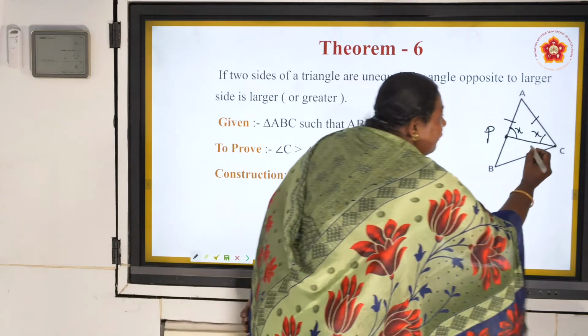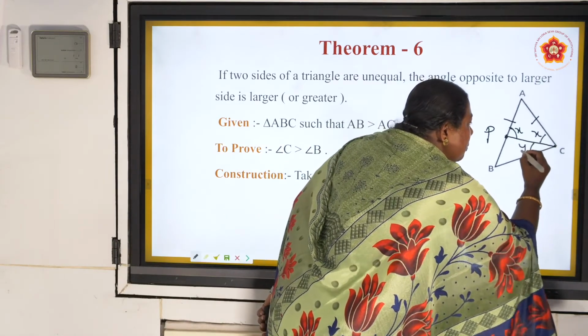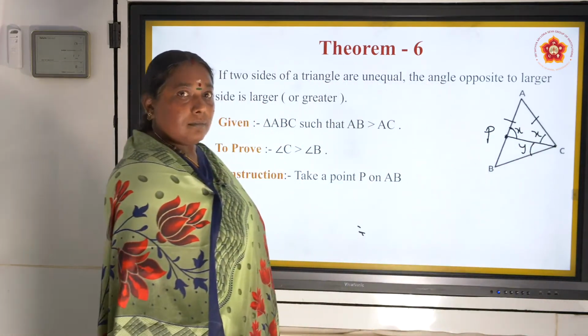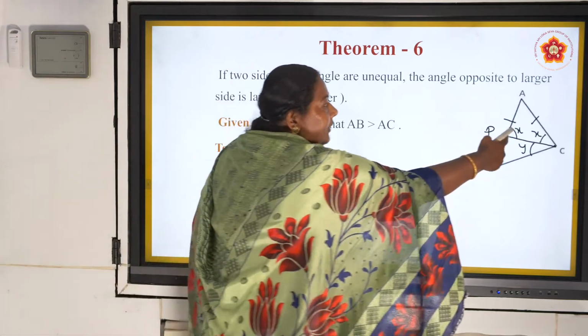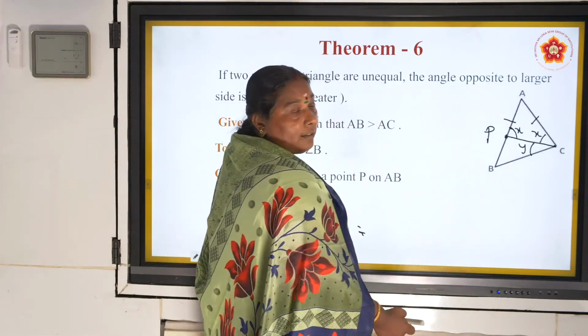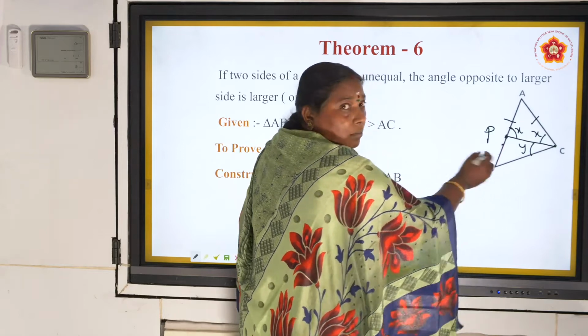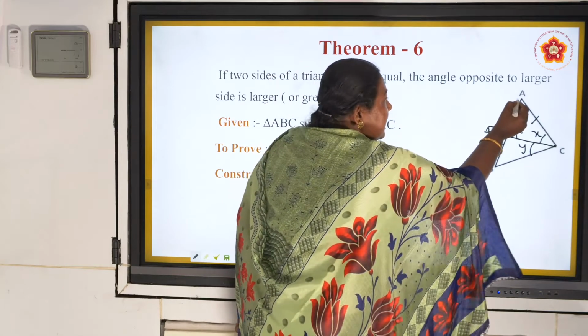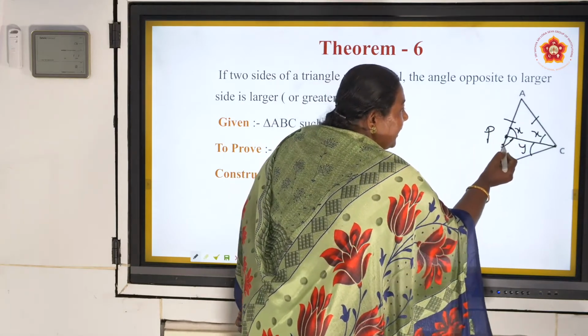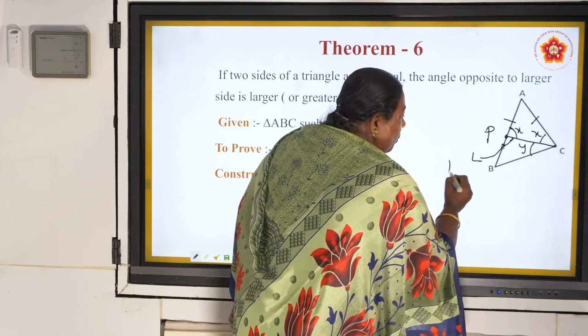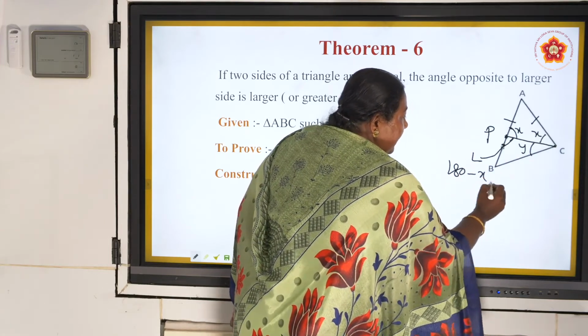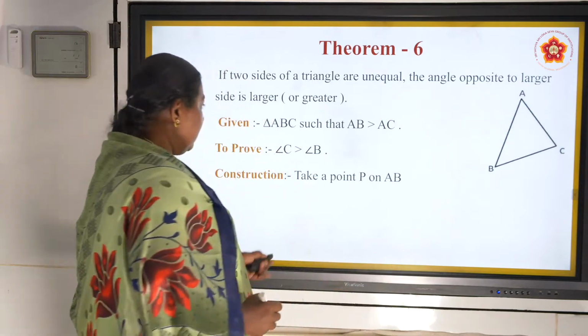Now, if I mark this as Y, here it will be X plus Y. Then here Y will come? No. Since it is a straight line, I will get this as 180 minus X. Let us see.